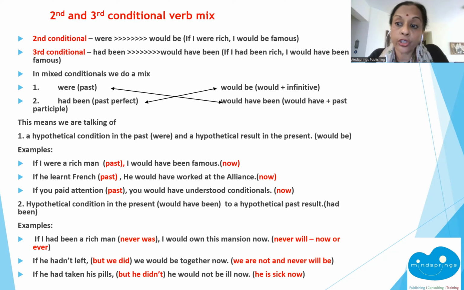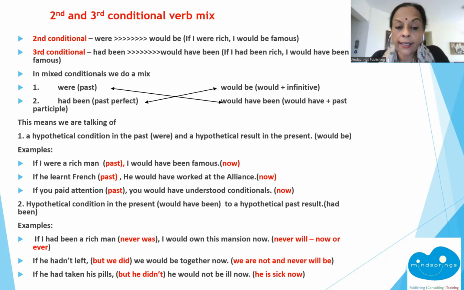If you paid attention in the past, you would have understood conditionals now. Both are wrong because it didn't happen. In the second one, we've got had been, which is the past perfect, isn't it?